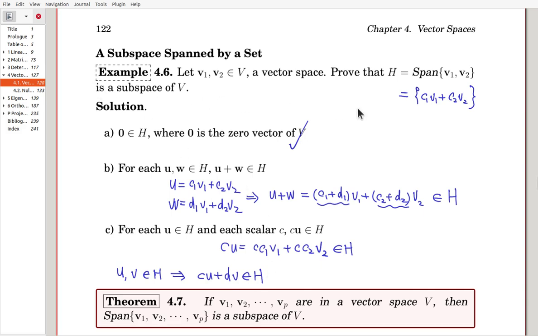For this example, from the beginning, H is the collection of linear combinations, so it must be closed under linear combination, right?